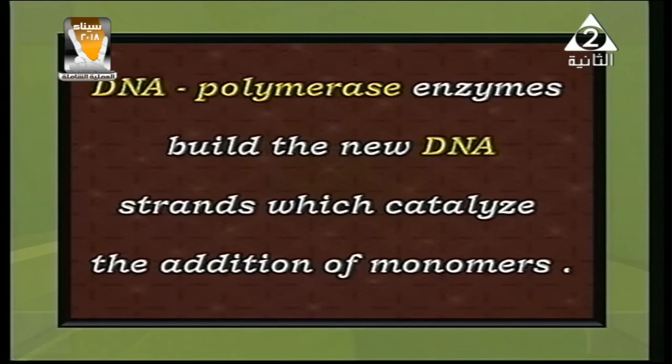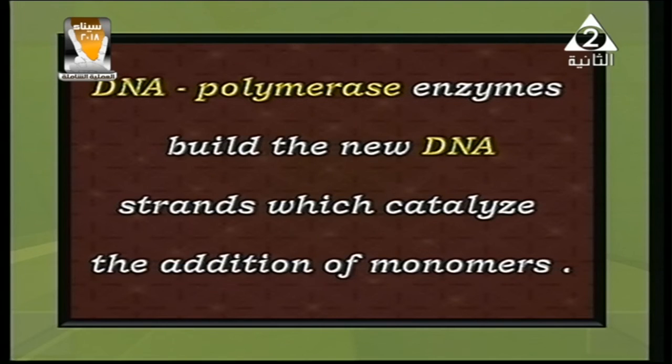After that, the second enzyme that we have is DNA polymerase. Okay, as we said, we separate the two sides away from each other, and after that we need what? We need to build each strand by using what?